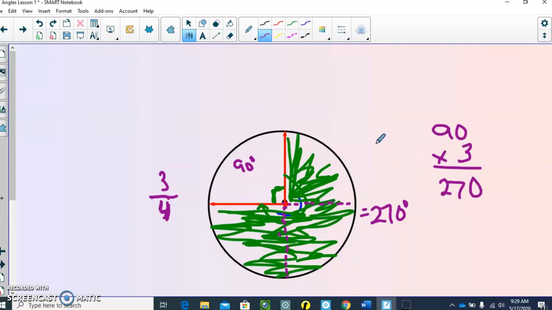So we've looked at the different sizes and the different fractional pieces of a circle that the angles we've already learned, straight angles and right angles, can make up.